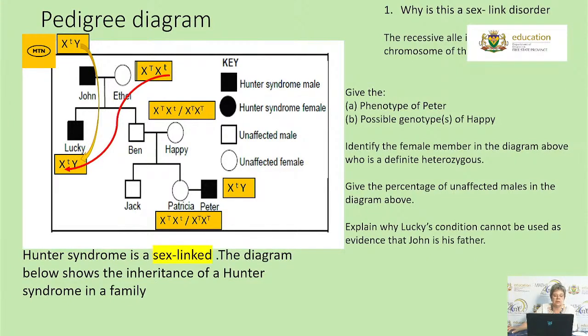Lucky inherited the X chromosome that carries Hunter syndrome from his mother. So therefore we can establish that Ethel is heterozygous for Hunter's syndrome. So she's a carrier.